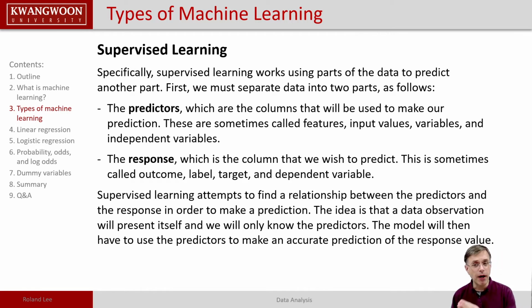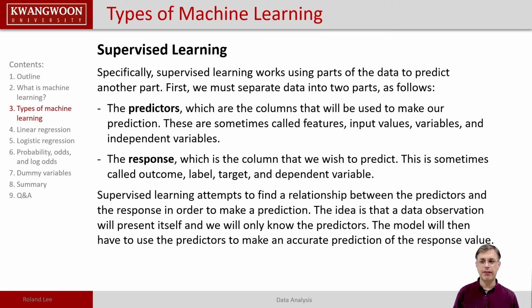And the response, which is the column that we wish to predict. This is sometimes called the outcome, the label, the target, and the dependent variable. So independent are predictors, dependent are depending on the predictors, so that's why we call them dependent variables.